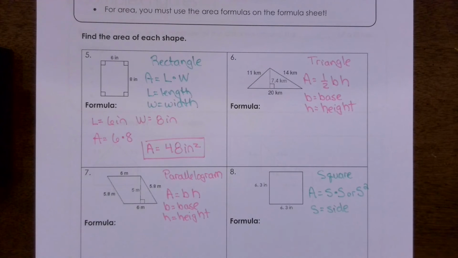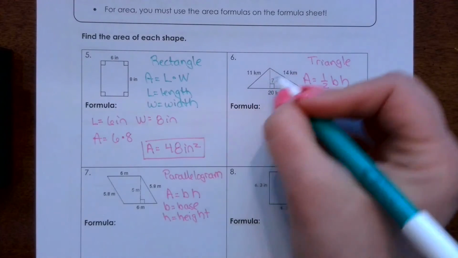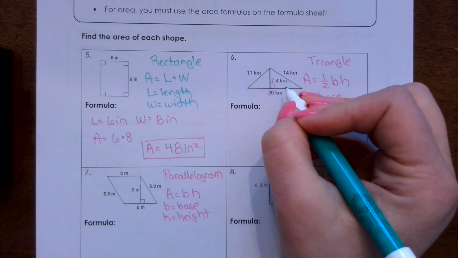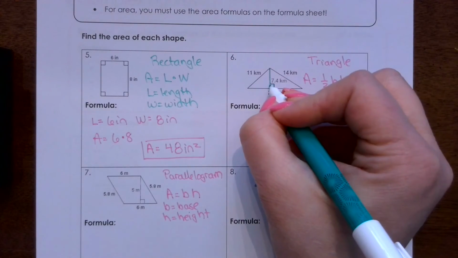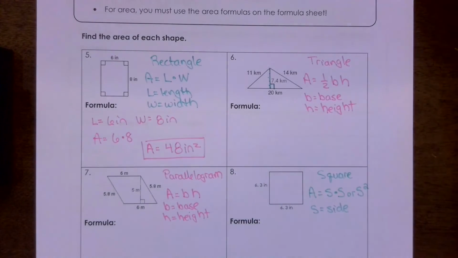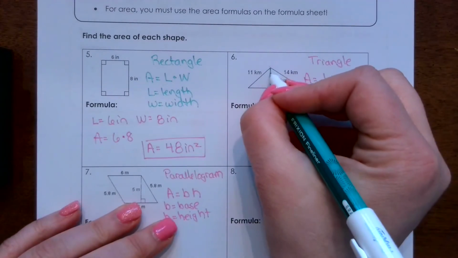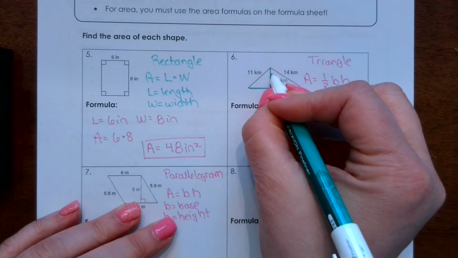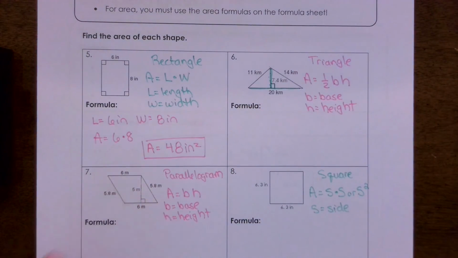Alrighty. With my triangle, my base, my height, the height I think is easiest to find because you're going to go from the base, you'll see a right triangle and it goes to that top point. Now your height is always going to be perpendicular to the base. So your height is always going to come up perpendicularly from your base.